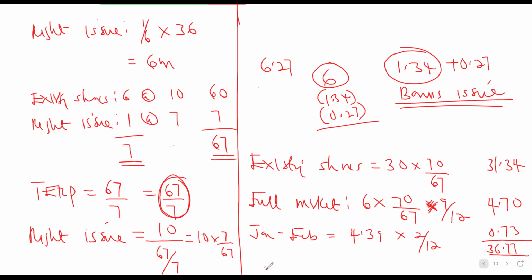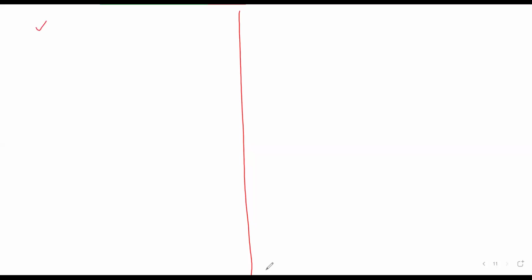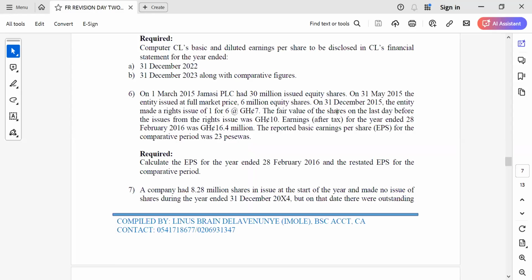Yes. Okay. Let's try the other one that we know, where you apply the right issue fraction to the date that the right issue has been done. So we count the existing shares that will be there from March to May, because the full market value was done in May. March to May will be 2 months.